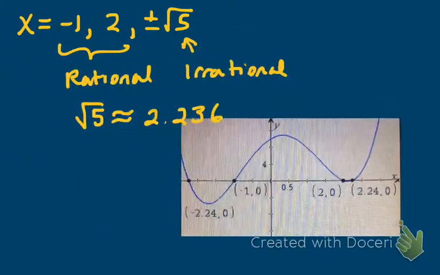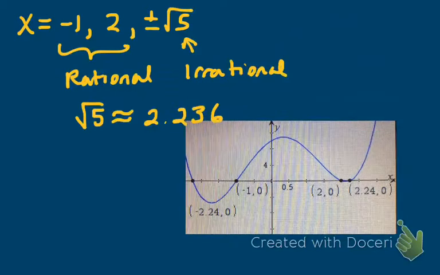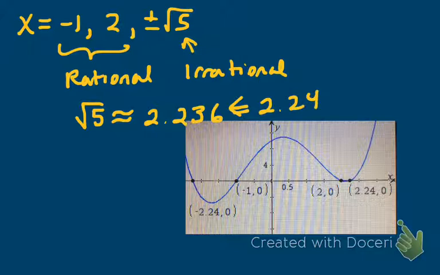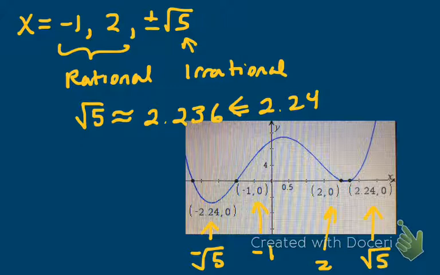And here it is. And look at what we have. Confirmation that our process worked, because the 2.24 is the 2.236 rounded. So here's the negative square root of 5. Here's negative 1. Here's positive 2. And here is the positive square root of 5.